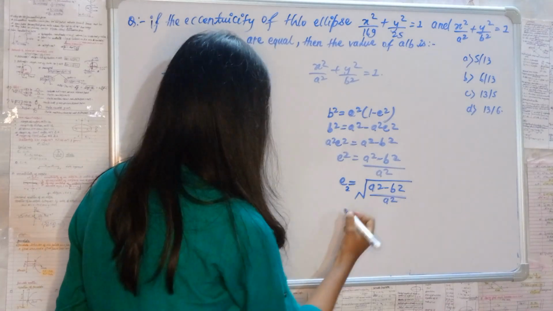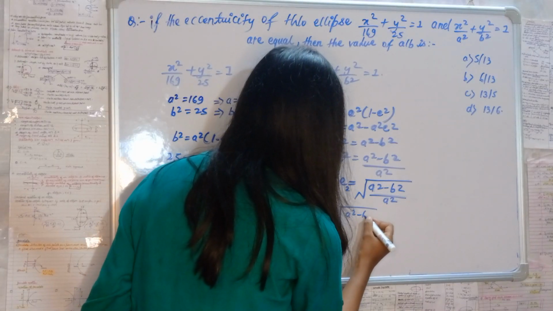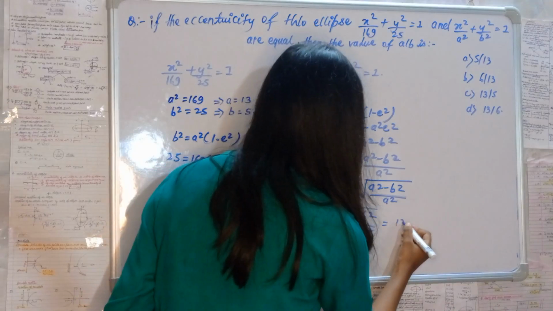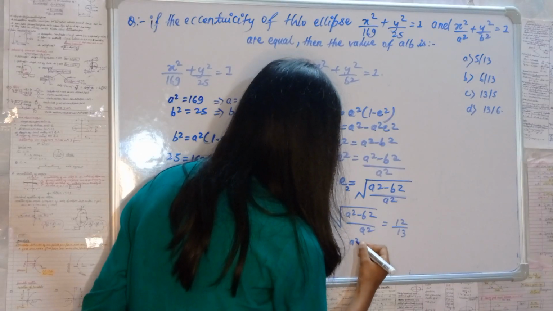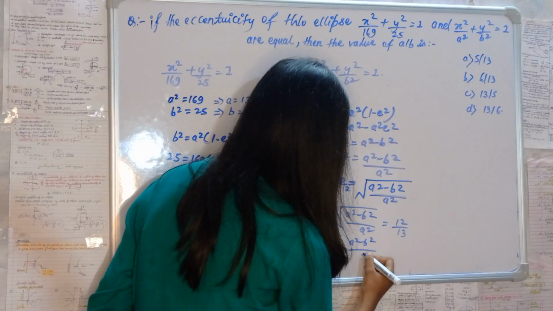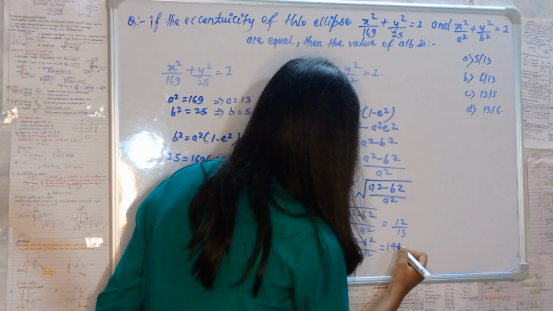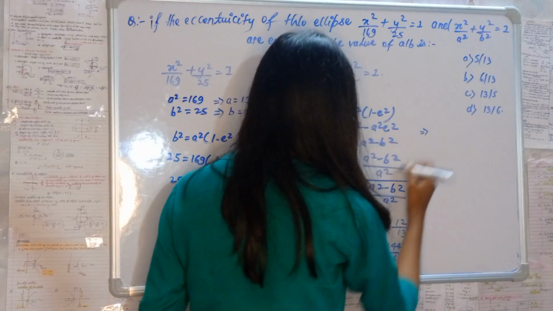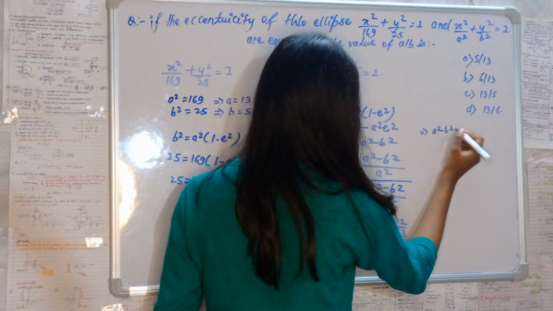Then the under root of a square minus b square upon a square comes out to be 12 upon 13. From here, a square minus b square upon a square is 144 upon 169.